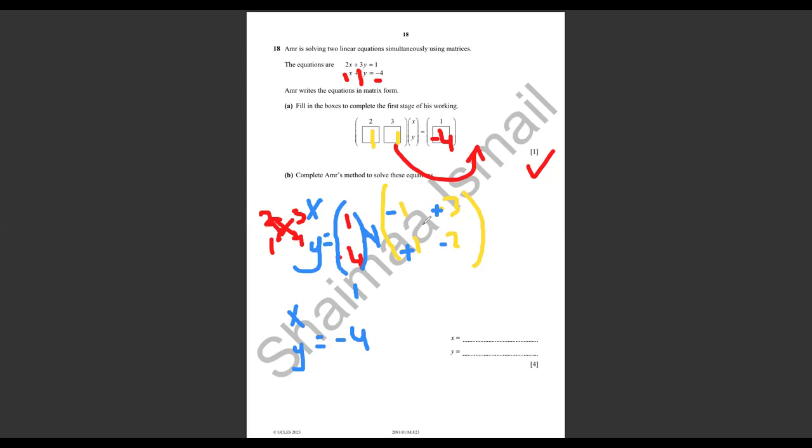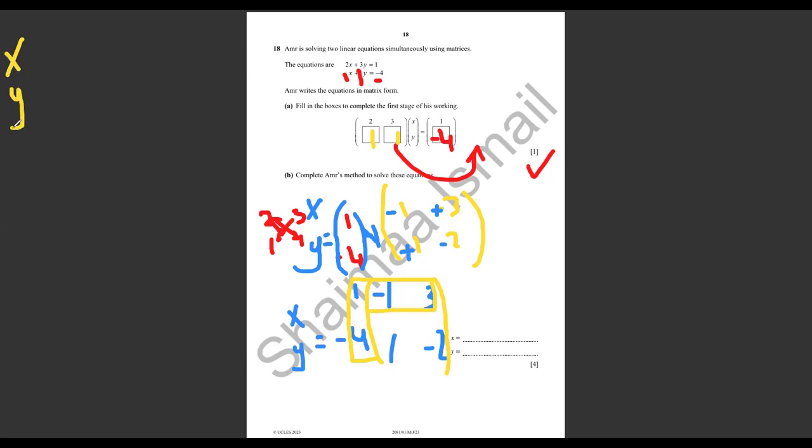And here we flip the signs, which is -1 and 3, -2 and 1. Okay, let's multiply like this. Okay, so let's do this. It will be here the matrices way.